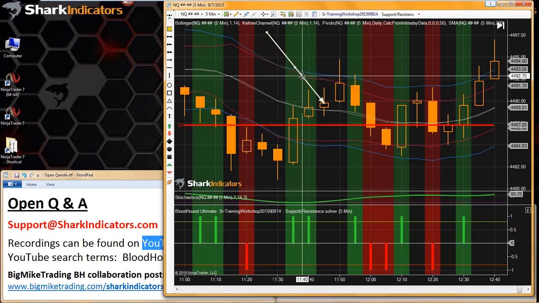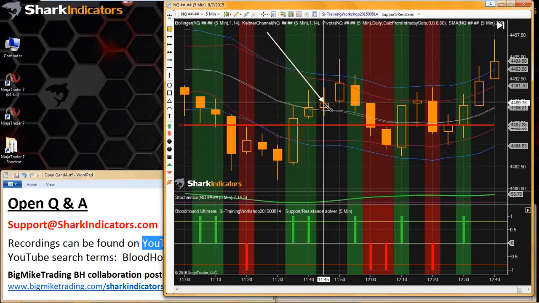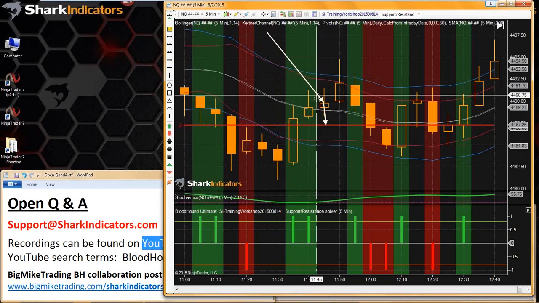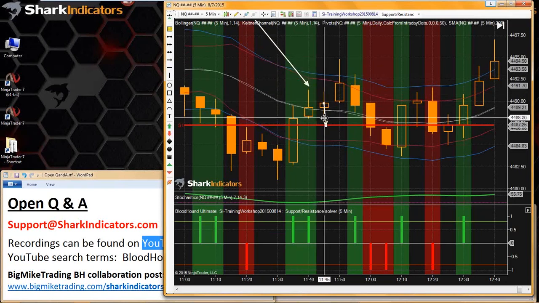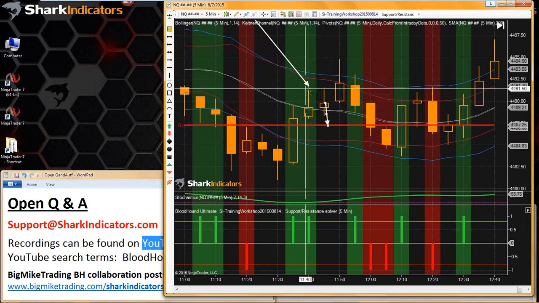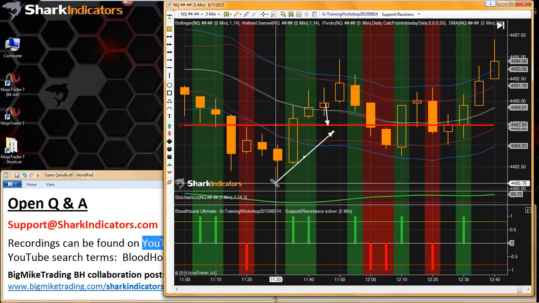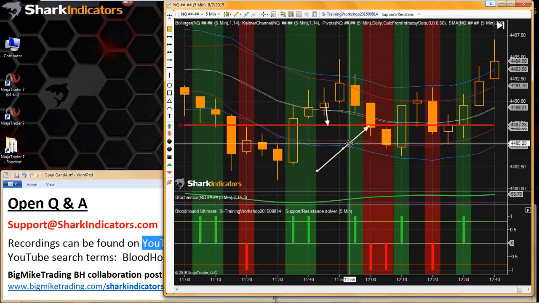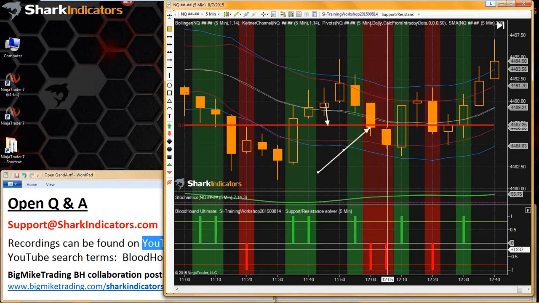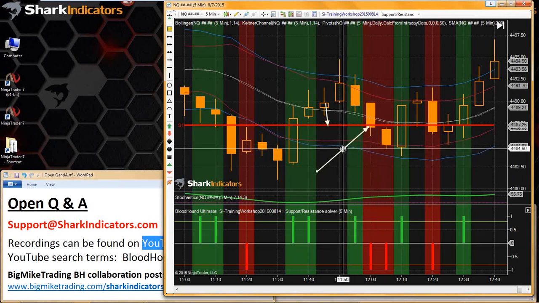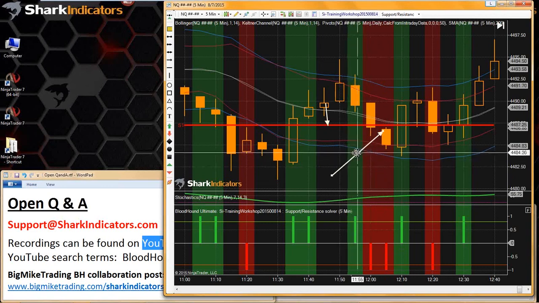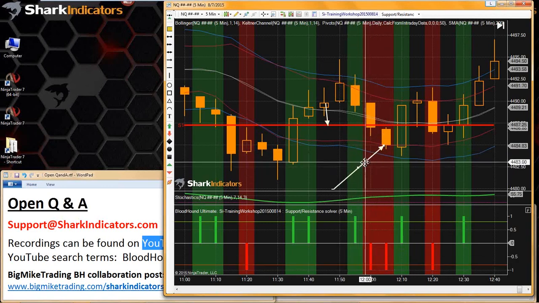And then eventually price moves up enough so that this distance here is more than 10 ticks away. Now price is below our line, so now it becomes resistance, and so we get a short output here. And as long as price is within 10 ticks, it'll give us a short output.